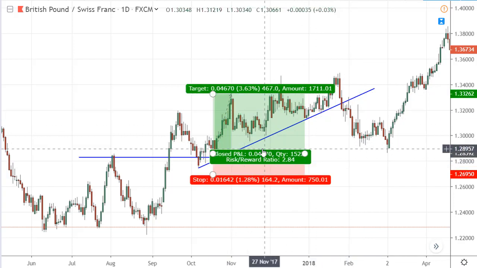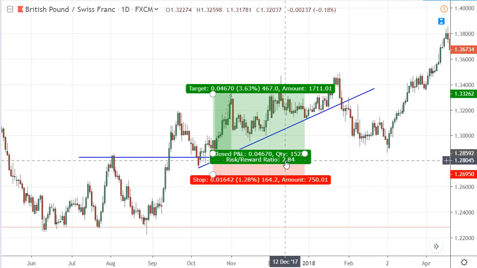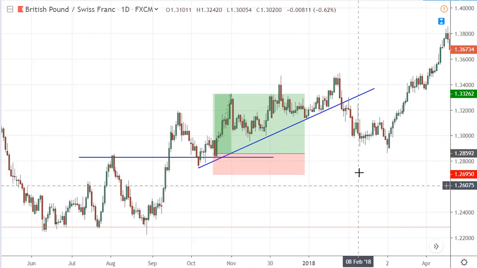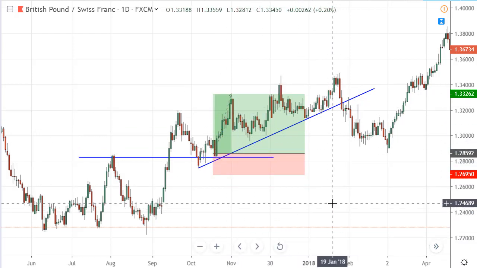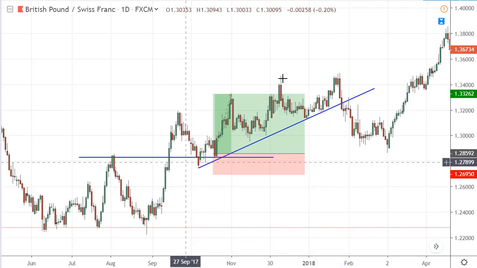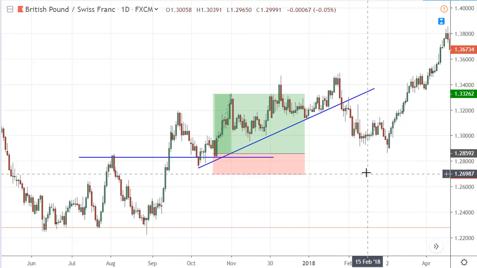So in this case, you had a risk reward of 1 to 2 or almost 3. So let's assume this is something you would be interested in taking the trade. Then this is a valid setup from a technical perspective.